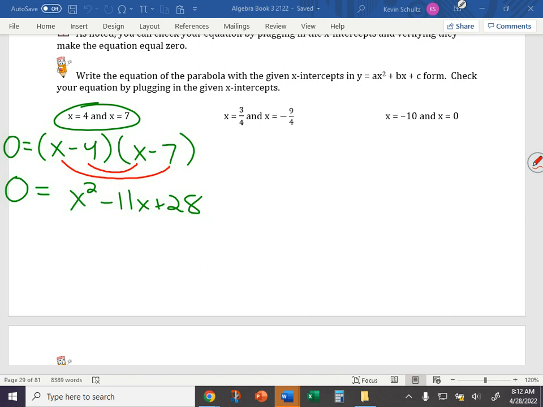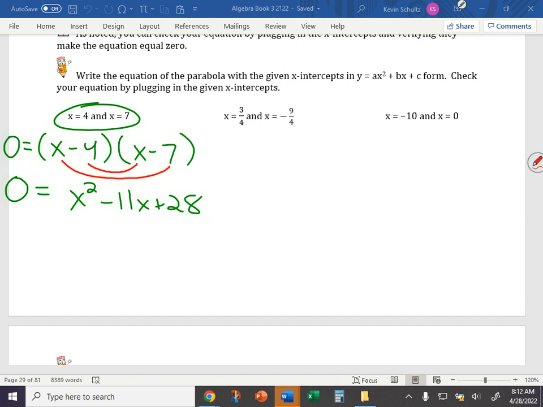If you're solving an equation, you would have factored it to get x minus 4 times x minus 7. And then what values for x make each set of parentheses equal 0? That's where the positive 4 came from. Because that 4 makes this set equal to 0, 4 is an x-intercept. Okay? Because 7 makes that set equal to 0, 7 is an x-intercept.